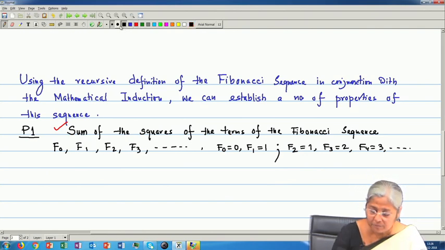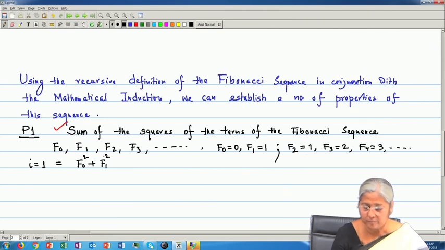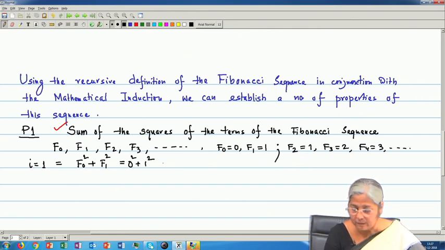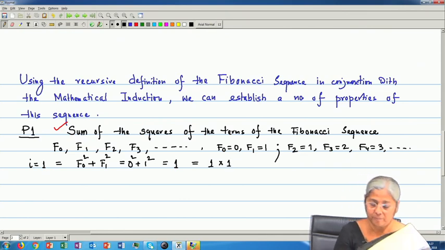So, for i equal to 1, the sum of squares is f 0 square plus f 1 square, and this is 0 square plus 1 square is 1, and I am writing this as 1 into 1.